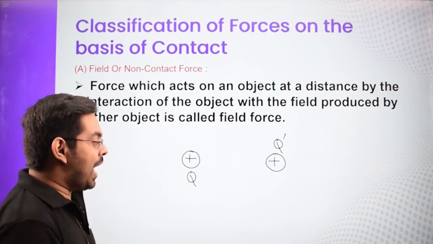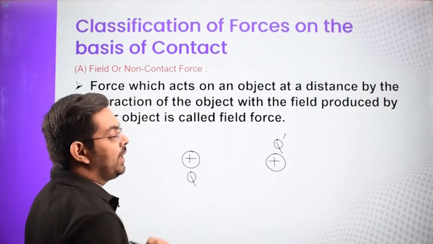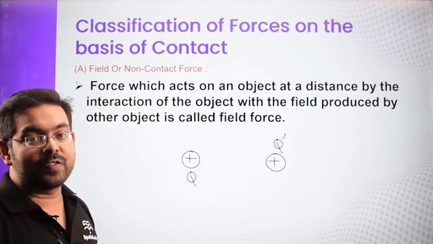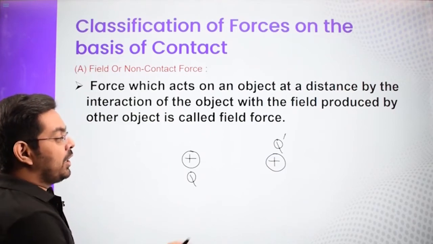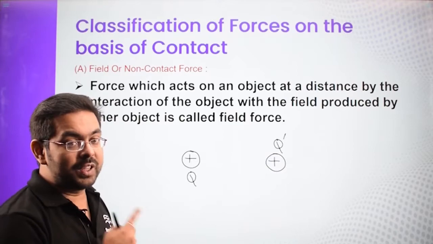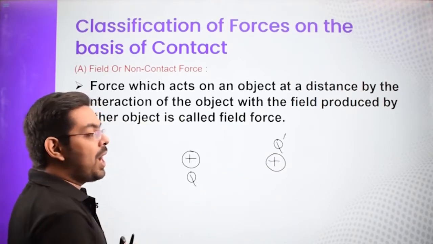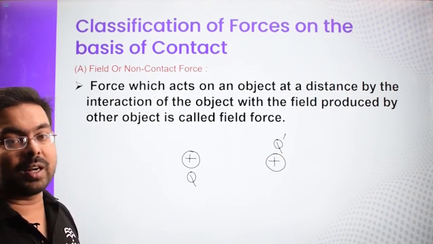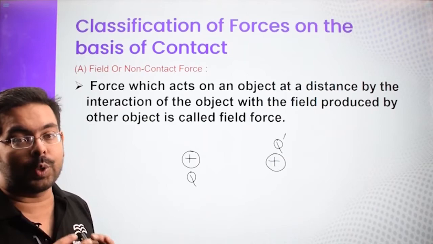Okay, so what happens is this capital Q charge applies a field on the other charge. That field is called electrostatic field, and due to interaction of electrostatic field with Q dash, there is a force on it.